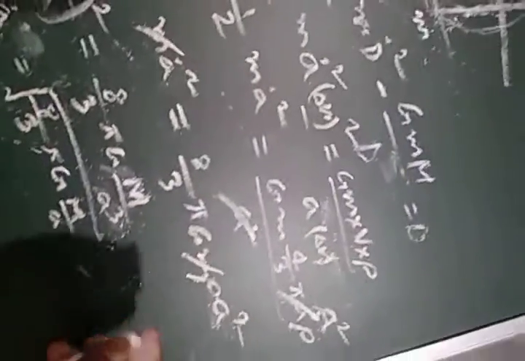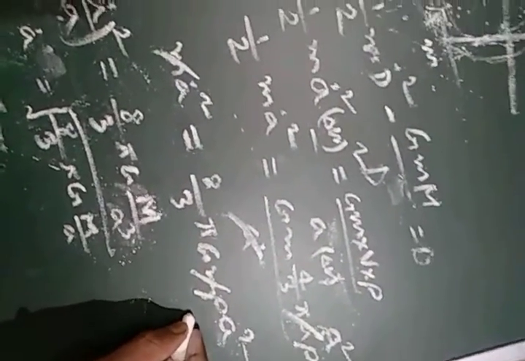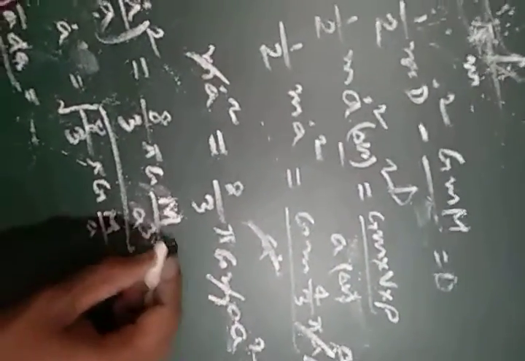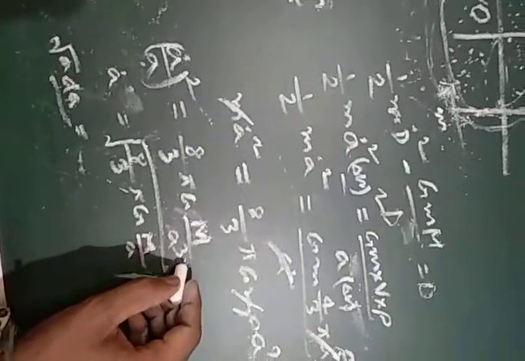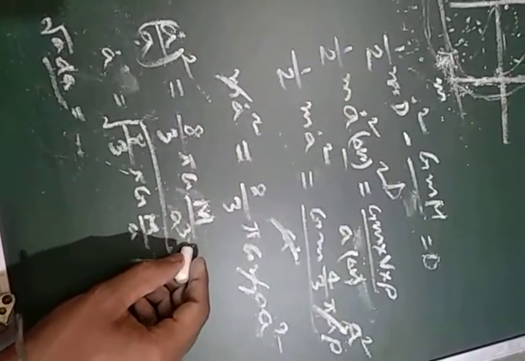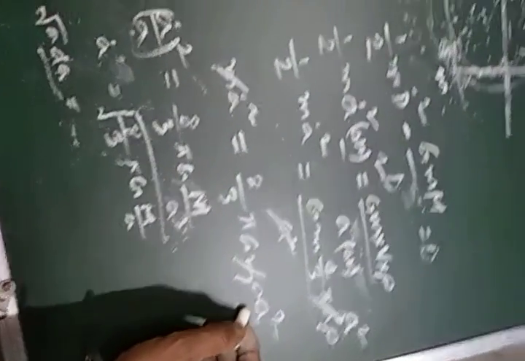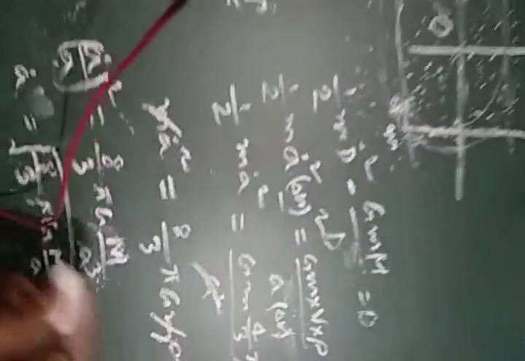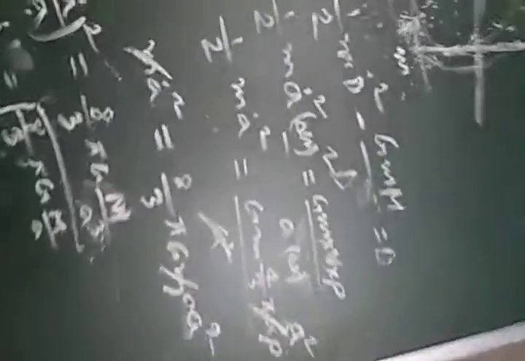So we'll write this in terms of some constant. Rho is the mass per unit volume. The unit volume is given by a cube, isn't it? Then rho is given by m by a cube.